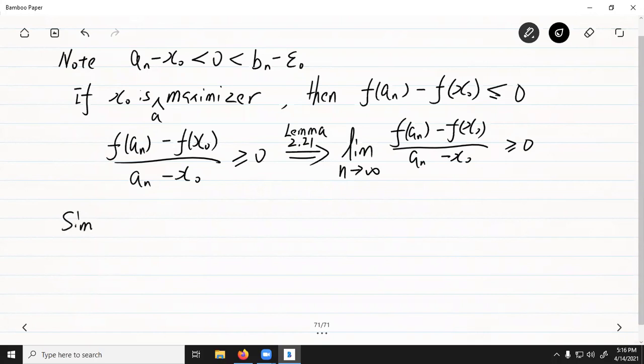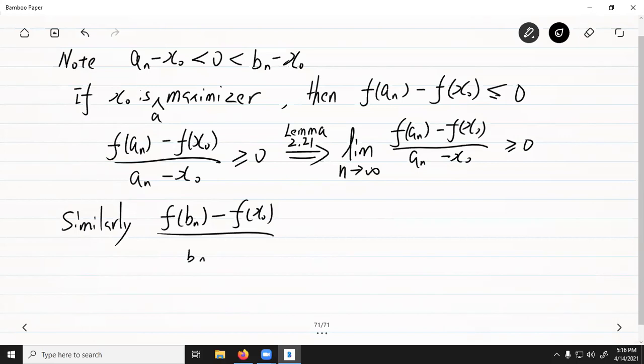Similarly, we can show using the similar way, sorry, here it is not epsilon 0, here it is x0, that f of bn minus f of x0 over bn minus x0 would be less than or equal to 0.